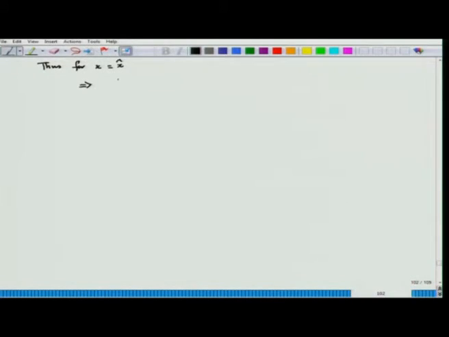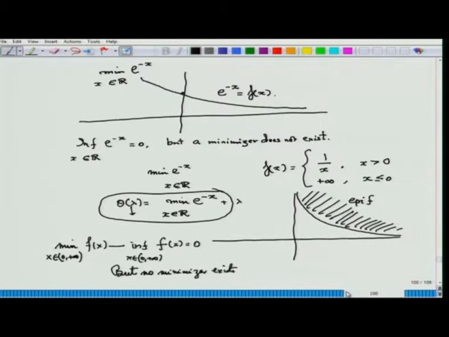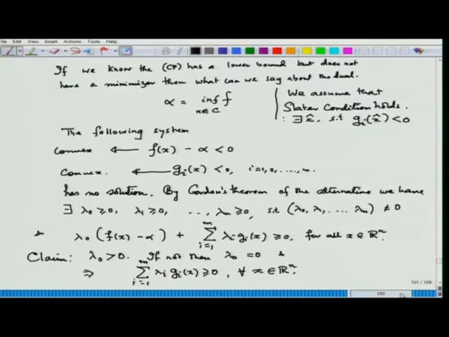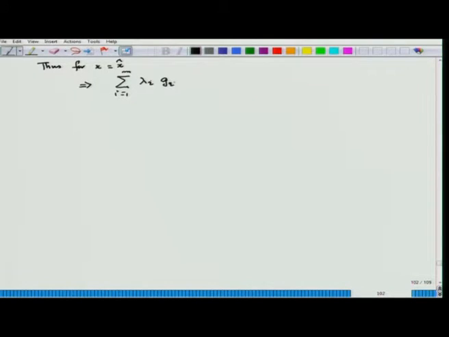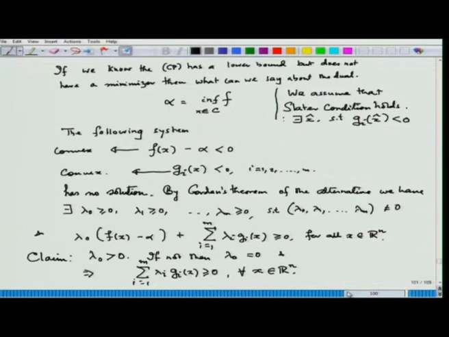it would imply that the summation i equal to 1 to m, this is what we have from the other equation we had in the last page, this one.